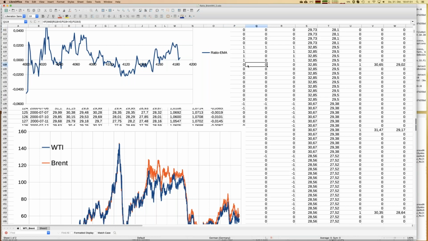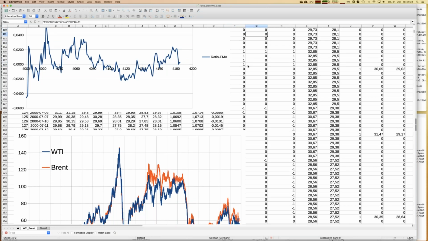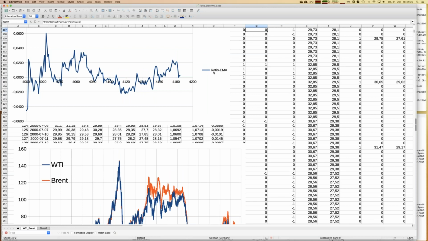And you see what it really means when we look at the difference between the ratio and the EMA, that we can see those huge deviations. And now we have those threshold lines, which we might use for automatically analyzing that kind of trading strategy.